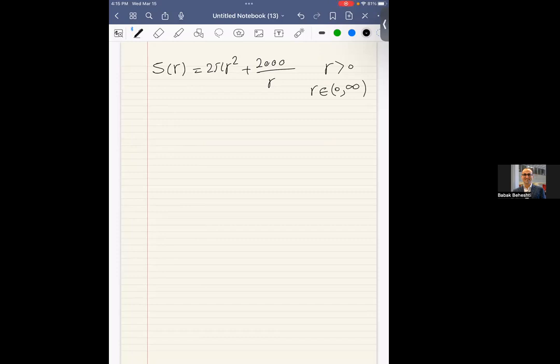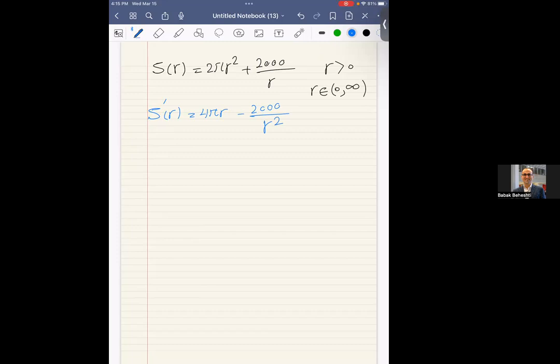We want to minimize this. How to find the minimum of this function? Just compute the derivative, S prime. S prime of R would be equal to 4 pi R minus 2000 divided by R squared.